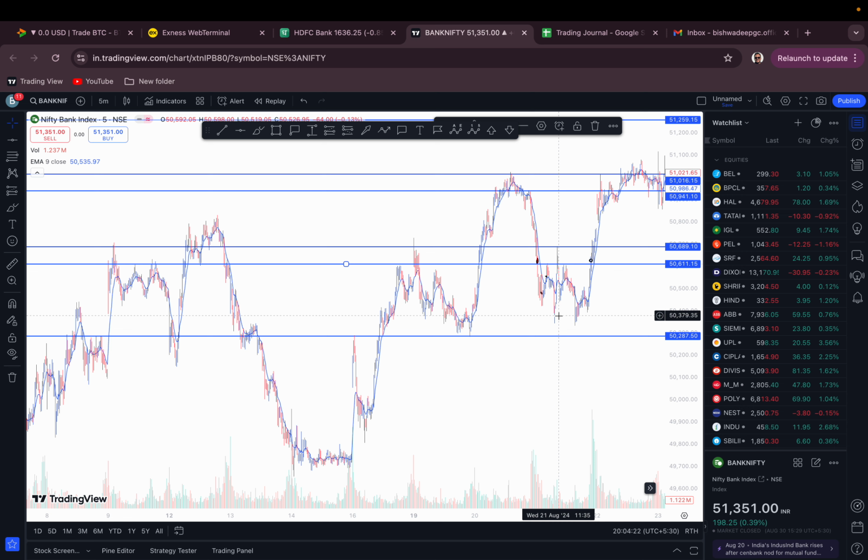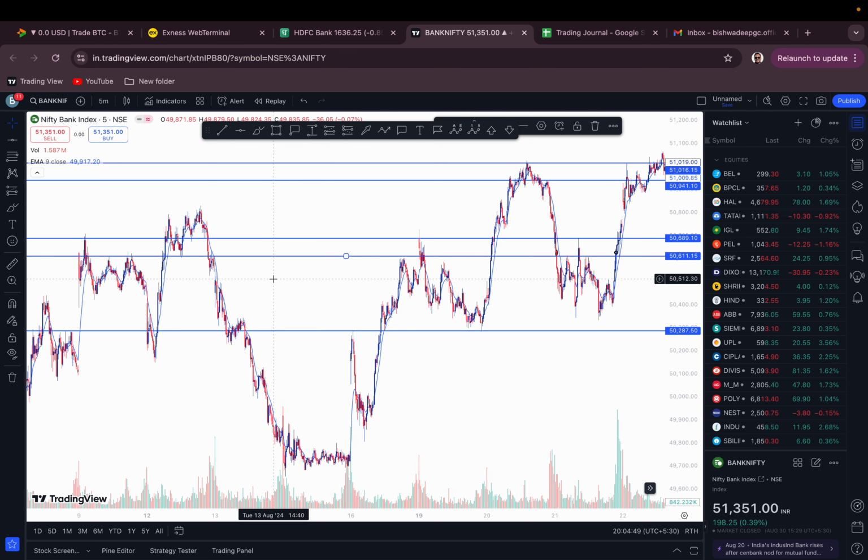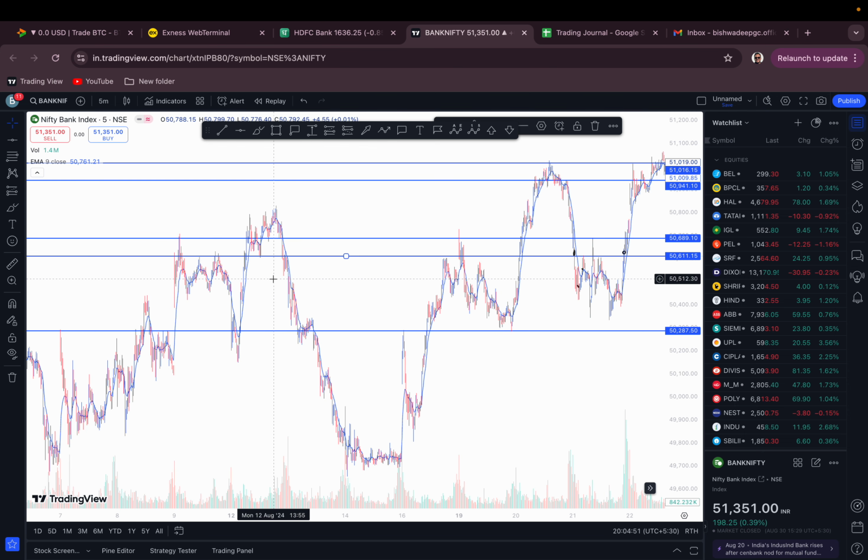So whenever this sort of thing happens in the market around a certain range, you can say at this 50,611 mark, on the 5 minutes time frame there have been multiple rejections, breakouts, breakdowns, and also the reversal. So you must consider this a strong support or resistance line, and the market will always respect that line.